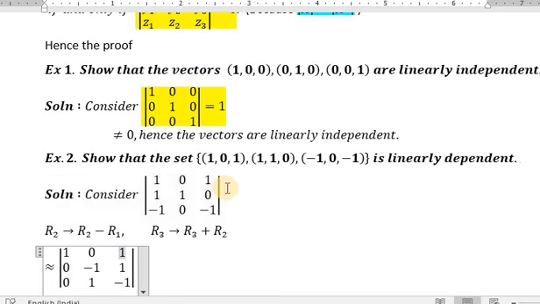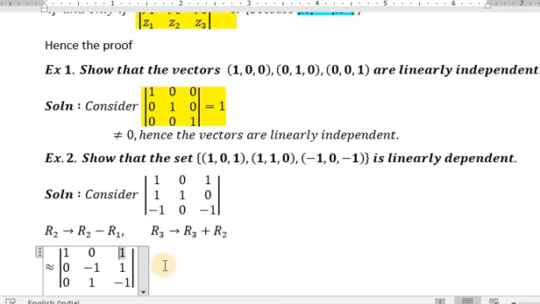This determinant we can find, or we can simplify and get the result easily, by operating with elementary row operations. R2 becomes R2 minus R1, so the leading element becomes 0. Then for R3, take R1 plus R3, so this element also becomes 0.